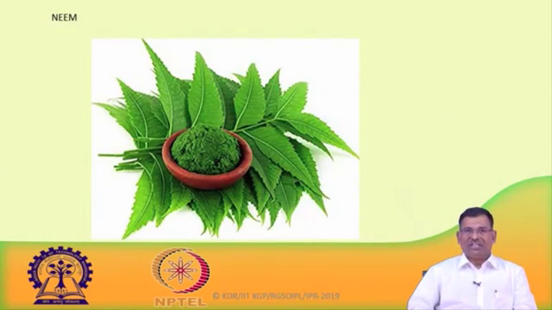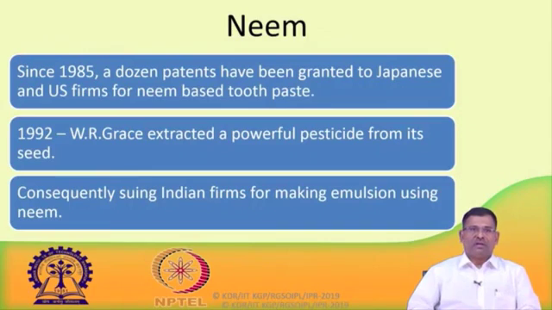And the third case is on neem, and we know that neem has been used by Indians for many medicinal purposes for time immemorial. And here also we can see another US company, W.R. Grace, wanted to patent different products of neem and make a monopoly for themselves. From 1985 onwards, you can find a number of patents on neem based products like toothpaste and other products, where the patents were filed in the US PTO as well as in the Japanese Patent Office.